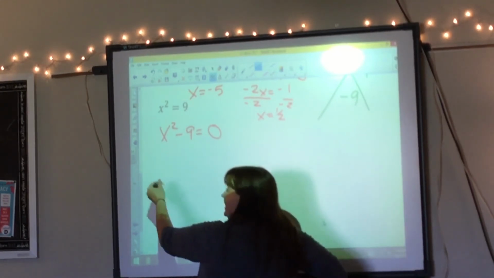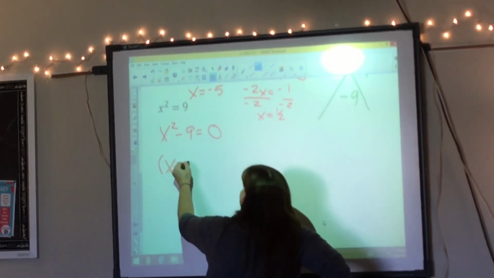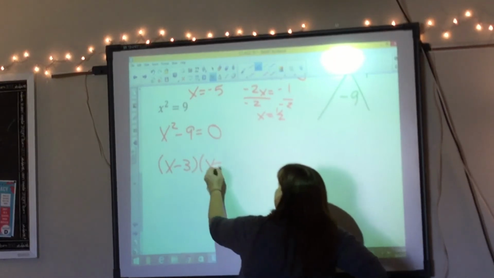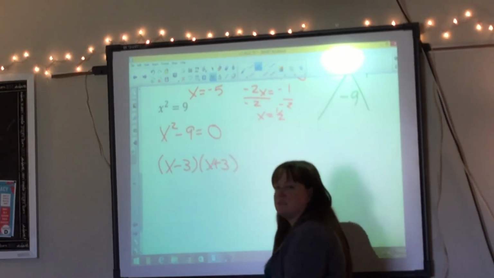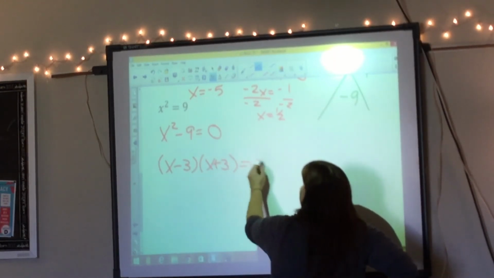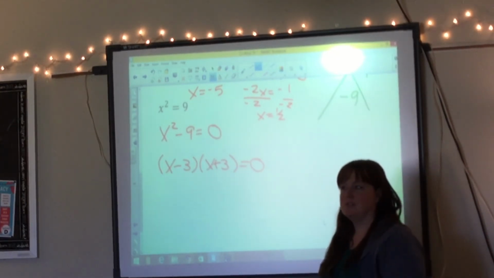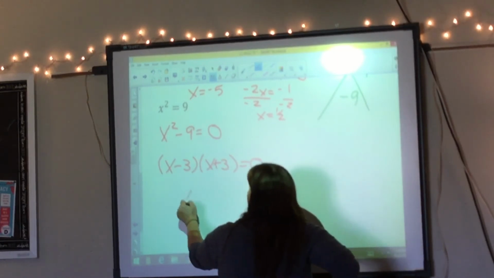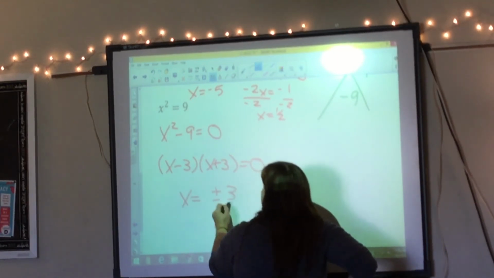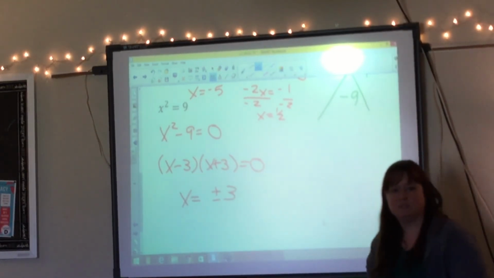Difference of squares, right? Yeah. So we know that this actually looks like x minus 3 and x plus 3 because it's the difference of squares. So our zeros are at plus or minus 3.